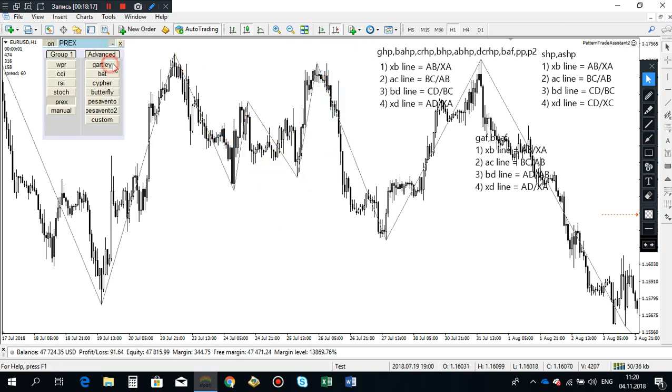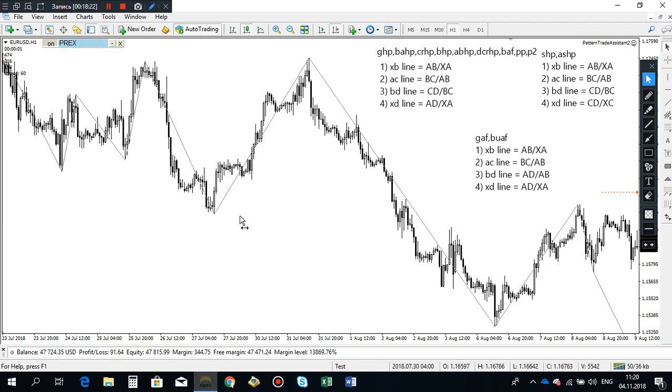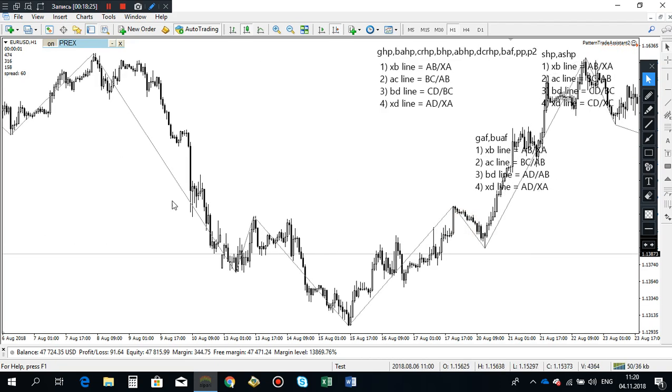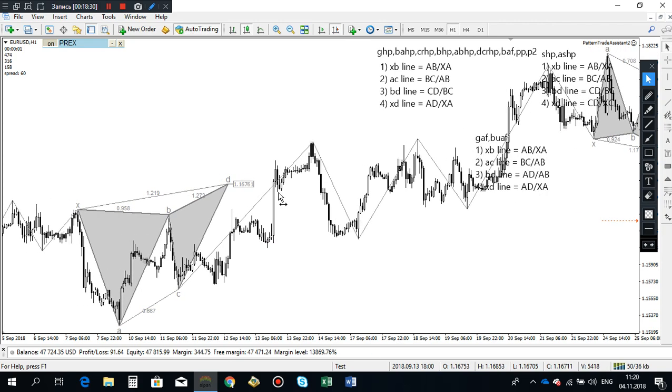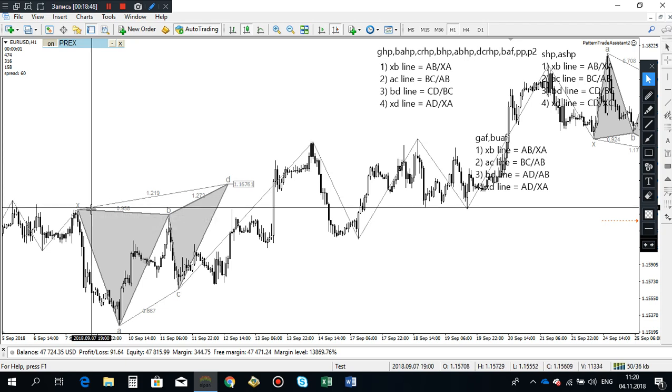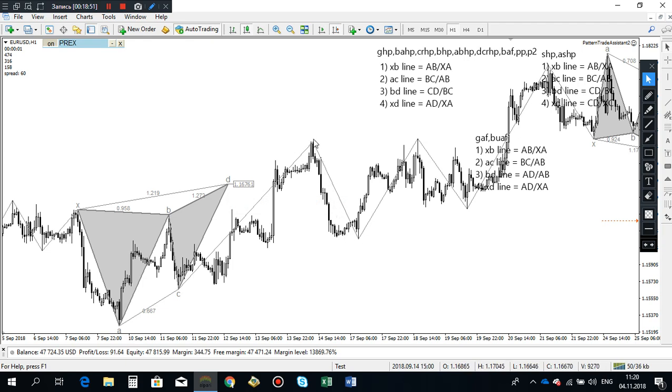Another pattern that is similar in calculation is the butterfly pattern, butterfly advanced formation. So again, it is calculated the similar way. Let's find some butterfly advanced formation, and it looks this way. The B point is the ratio of XA, the C point is the ratio of AB, the D point is 127 extension of A to B, and because AB is pretty large, the D point goes past X. You see, it extends past X. So we had kind of a pullback after completing the butterfly extension.